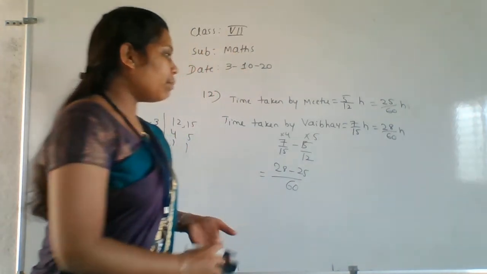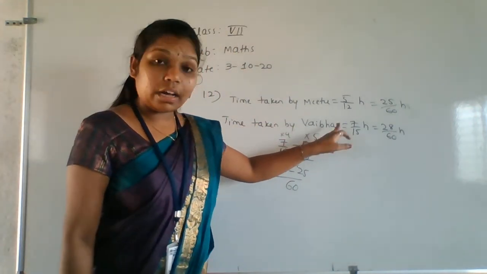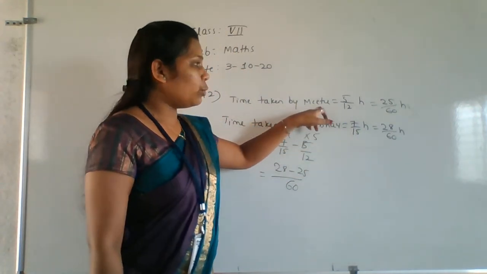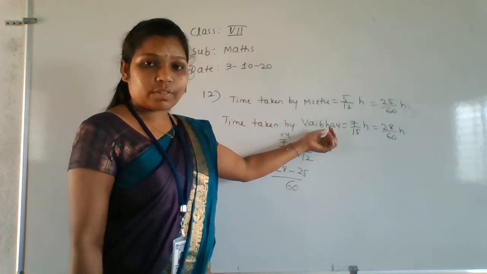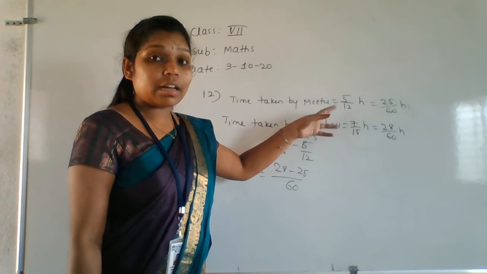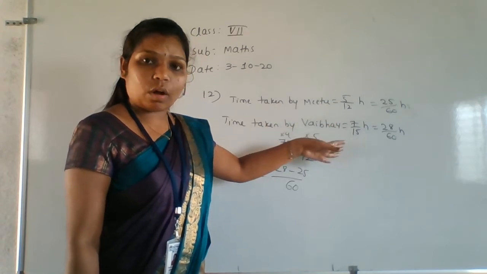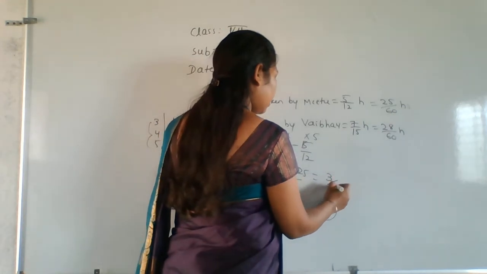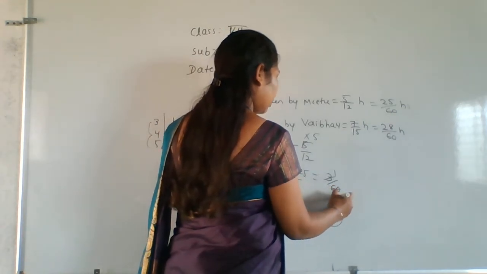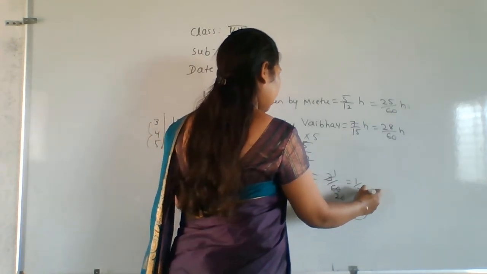Who took more time? Vaibhav took more time. Meetu took a smaller time than Vaibhav, right? Vaibhav took a long time to paint that wall. So here the subtraction is 3 by 60, which gives 1 by 20.